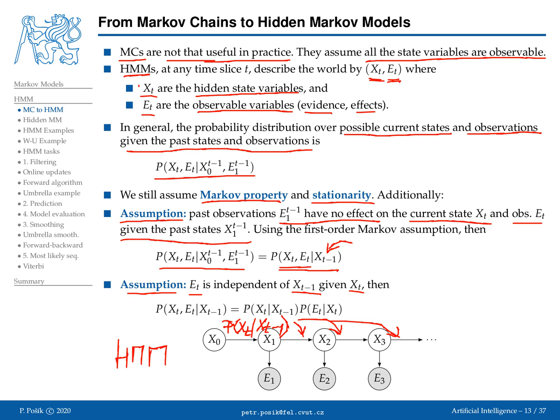And the emissions are described by the emission probability, which is the probability of the emission at time t given the state at time t. And these are the arrows pointing downwards. Altogether, this gives you a very simple factorization into the transition model and the emission model.